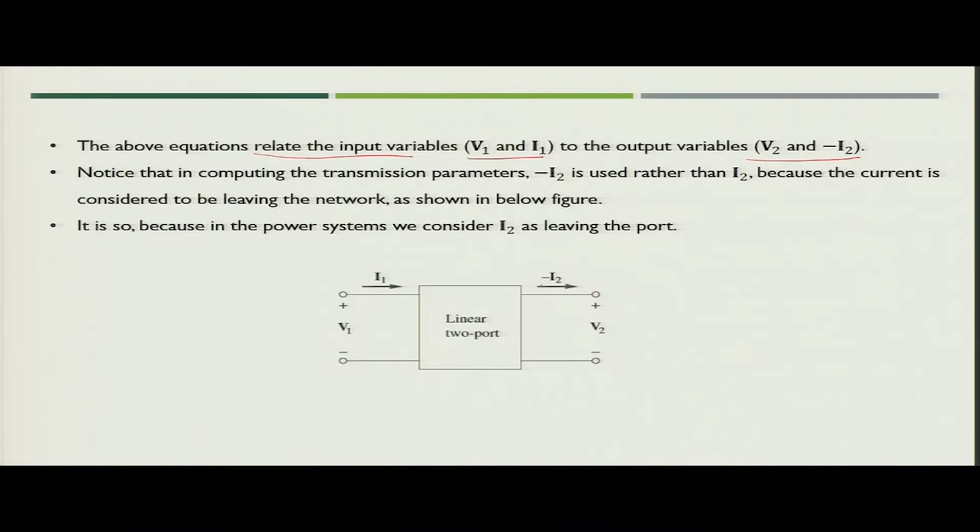Because of this condition, rather than relating V1, I1 with V2, I2, we relate V1, I1 with V2 and minus I2. I2 is generally considered in this direction, but since a connected load consumes current rather than providing current, transmission parameters are best described by reversing the sign of I2. That is why we use minus I2 rather than I2.